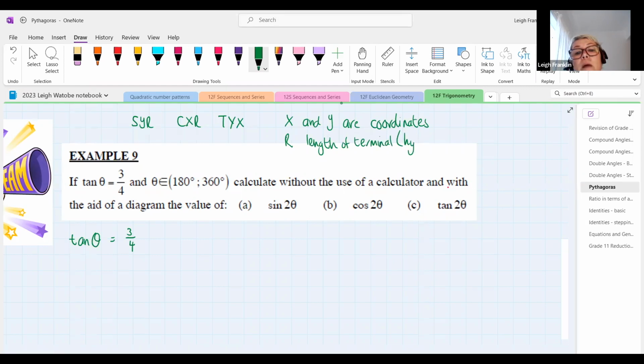It is also the hypotenuse. That's why R is always positive, because it's a distance. X and Y change sign depending which quadrant we are in, so our signs are very, very important when it comes to X and Y. Whenever they ask you to calculate R, it's always going to be positive because it is a distance.